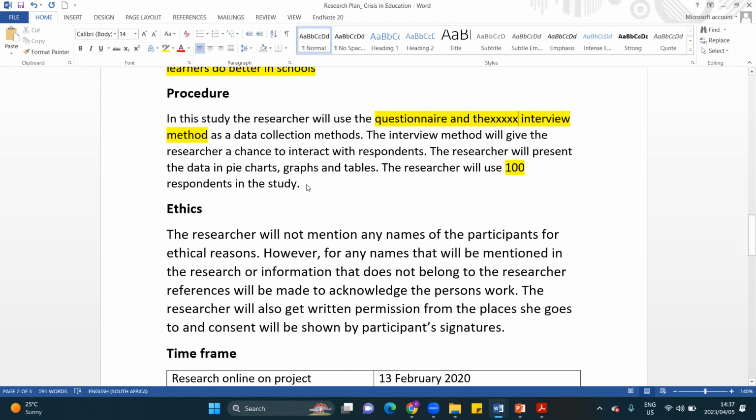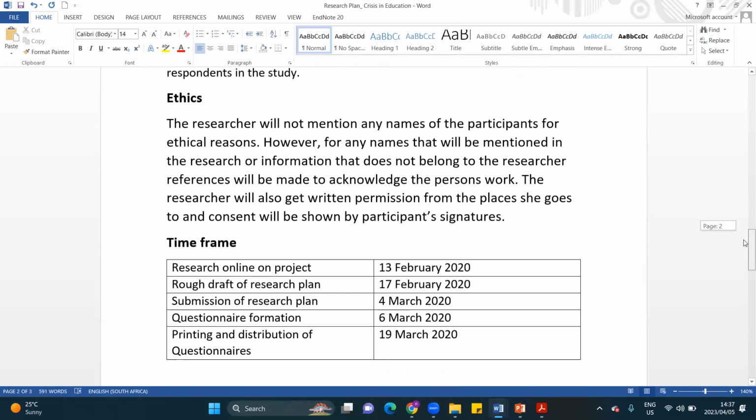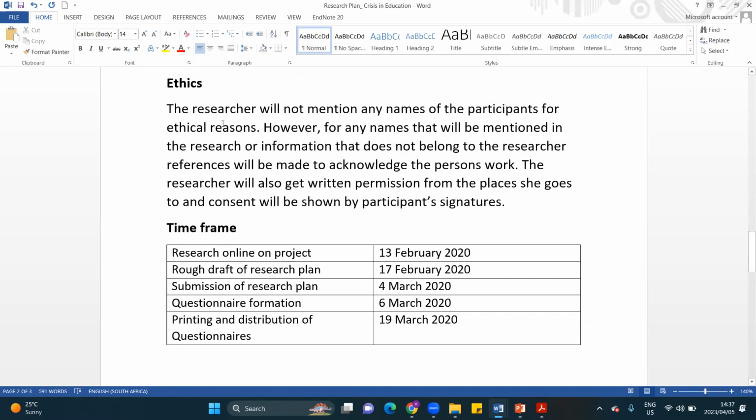So we know the learner's using pie graphs. We don't have an example of the actual questions. Then the learner goes on to ethics. Ethics, the learner says, the researcher will not mention any names. That's good, which means the anonymity of the participants will be maintained.